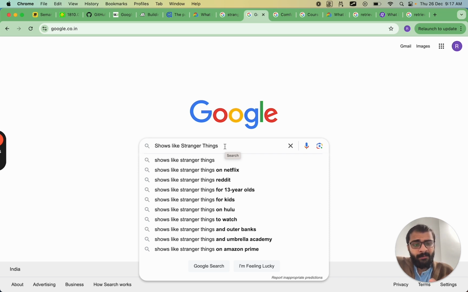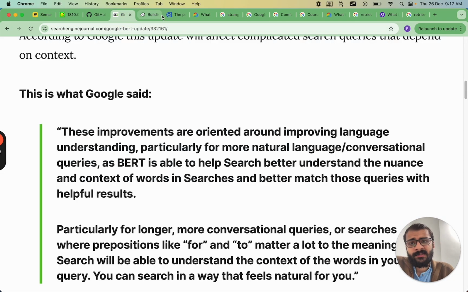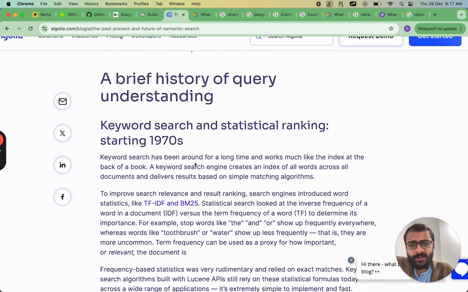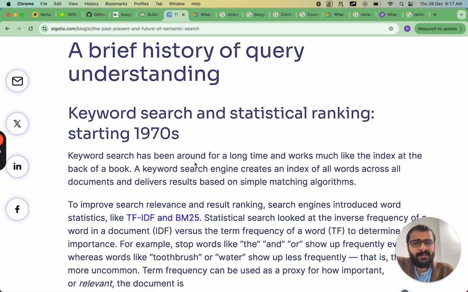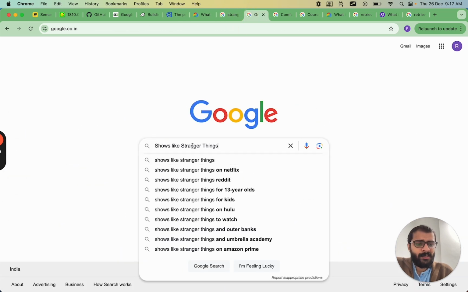Now, the first type of search systems which were developed were keyword based search systems. So let me take you back to the history of search. Right from the 1970s and 1980s, what started was keyword search. So basically the earliest search systems just looked at keywords. For example, I'm asking here shows like Stranger Things, right?